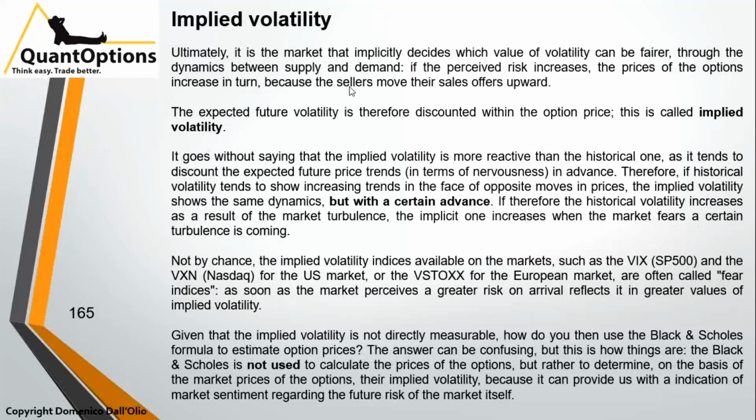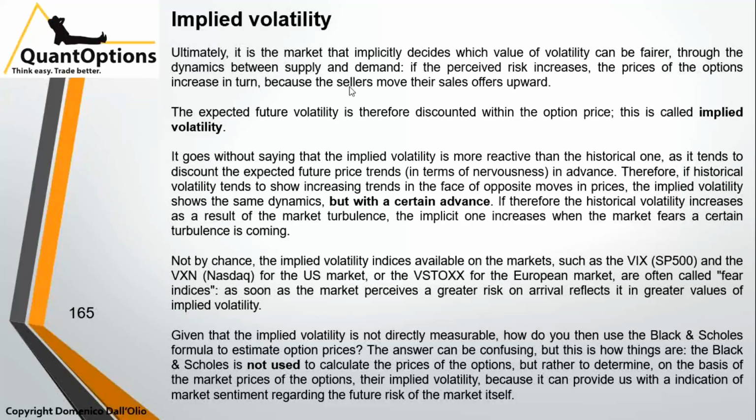Ultimately, it is the market that implicitly decides which value of volatility can be fairer, through the dynamics between supply and demand. If the perceived risk increases, the prices of the options increase in turn because the sellers move their sales offers upward. The expected future volatility is therefore discounted within the option price, and it is called implied volatility.